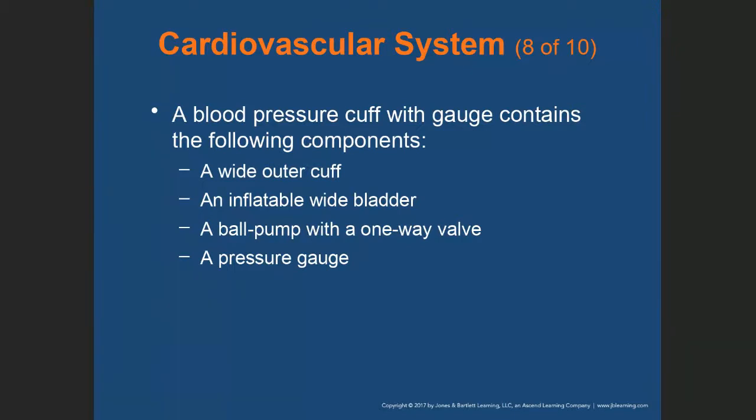I am not a fan of digital equipment, but as we progress in EMS, most things are going to be digital. So what I practice is I will use my cardiac monitor to get my vital signs. But if I get a blood pressure that seems a bit off, doesn't seem quite right, then I will either ask my partner to do it manually or I will do it myself manually.